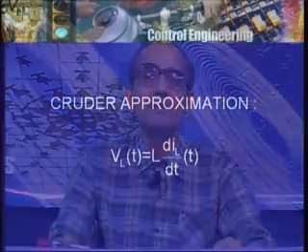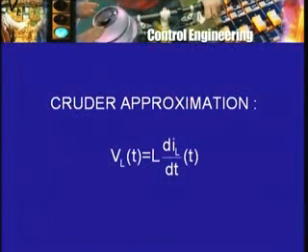Now just as in the case of the resistor, and here it's even a much weaker approximation, a much cruder approximation, namely the relationship between the voltage across the inductor and the current in the inductor is given differently. VL, and I will write here now VL of t.